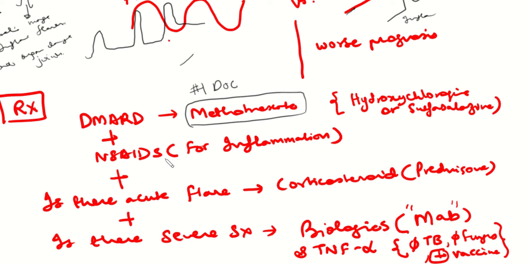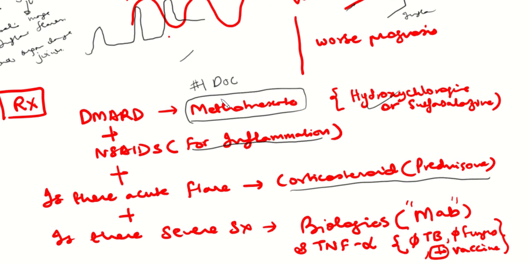And then we add NSAIDs for inflammation. If they are having an acute flare, we give corticosteroids with prednisone. Again, rheumatologists may add hydroxychloroquine or sulfasalazine to treat this. But remember, when you think lupus, you think hydroxychloroquine. When you think rheumatoid arthritis, you think methotrexate.